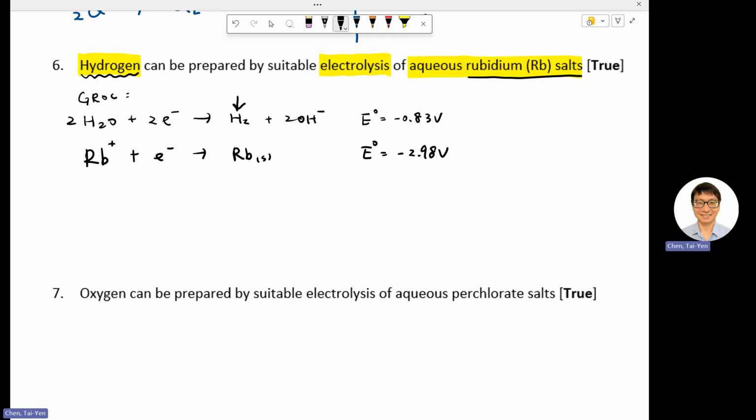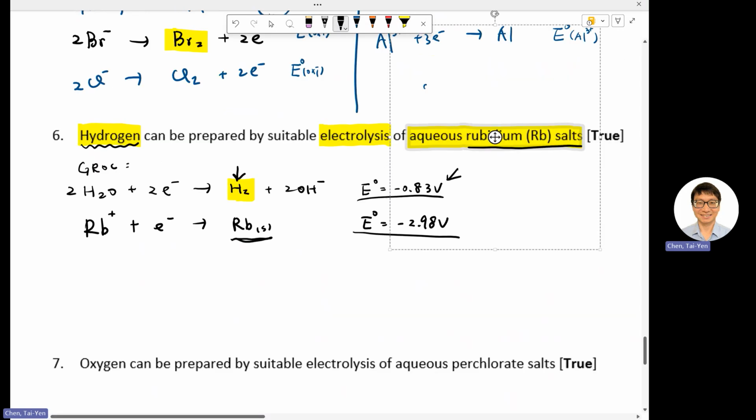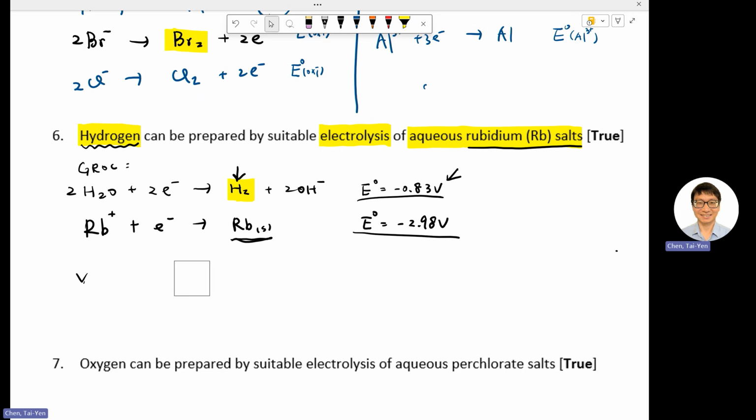So apparently rubidium needs you to turn on your battery to 2.98 volt so that you will produce this solid. Therefore the hydrogen will be achieved first, and you'll be able to produce H2, even though you undergo electrolysis of a rubidium salt aqueous solution. So the answer will be yes.